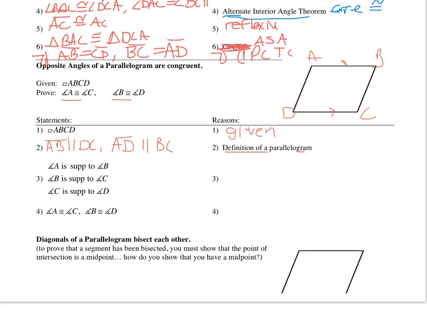So we know the opposite sides are parallel. Number 3 is all 3 of these things: A is a supplement to B, is a supplement to C, is a supplement to D. So if 2 parallel lines are cut by a transversal, then each of these are same side interior. So then same side interior angles are supplements.